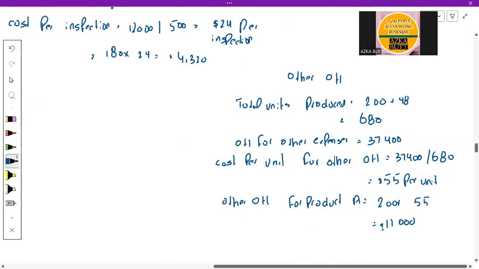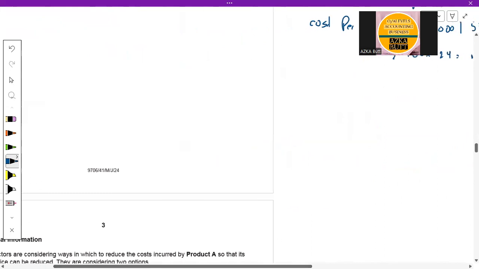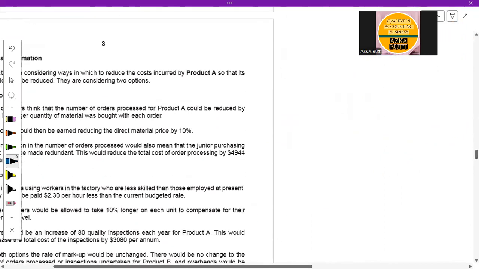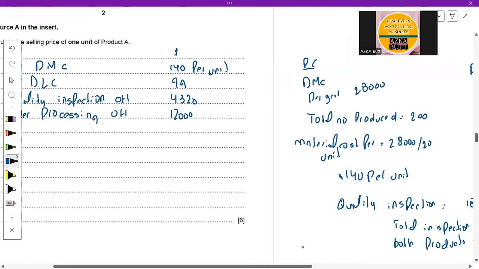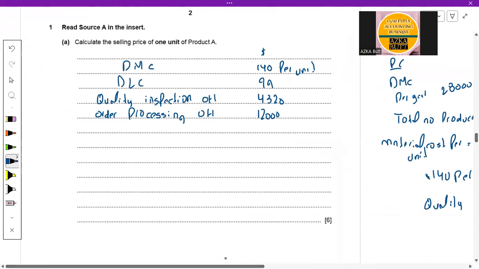Okay, so now let's do step 3, in which we have to calculate the total cost per unit for product A. So we have written the direct material cost, which is $140 per unit for product A. Direct labor is 99.